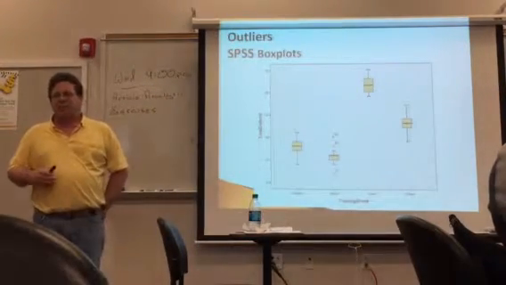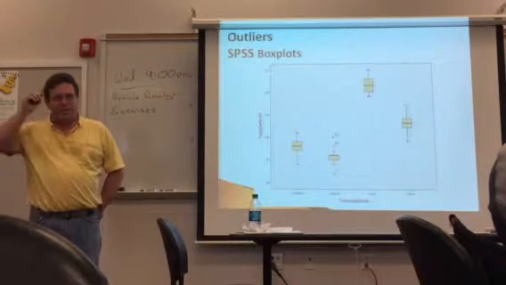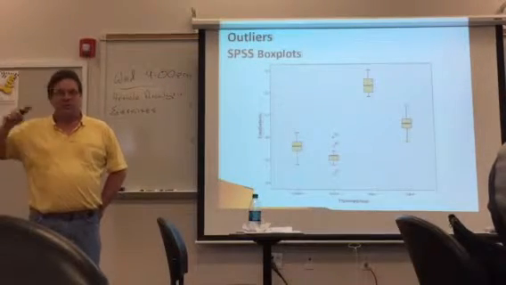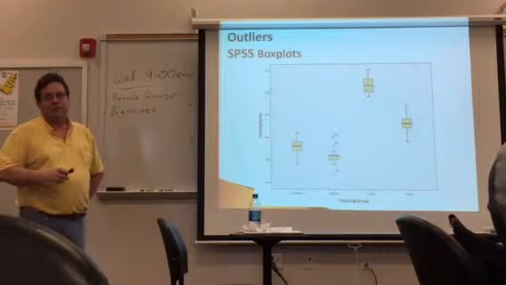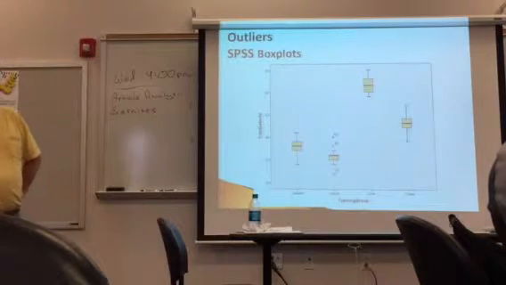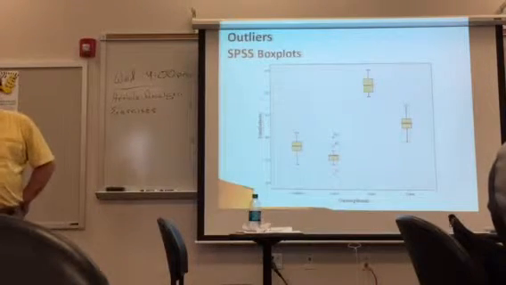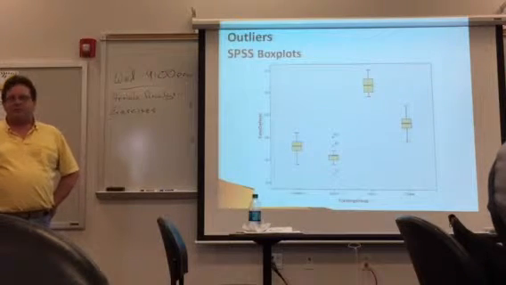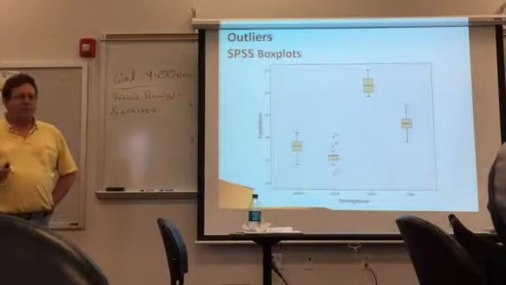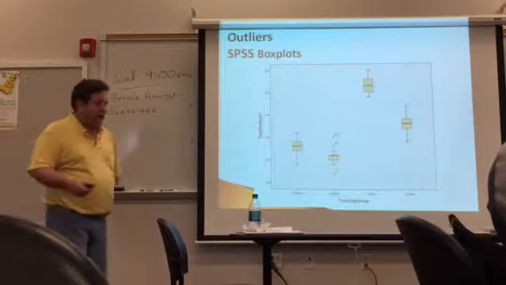I haven't used them in so long that the only thing I really pay attention to are the unusual observations. So everything outside the box plot are your outliers. Yeah, they look like they might be outliers. You would want to investigate them to see if they are outliers or not.